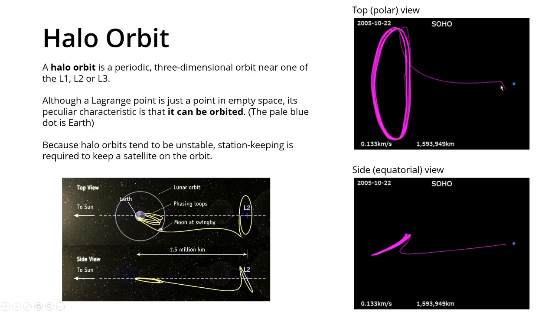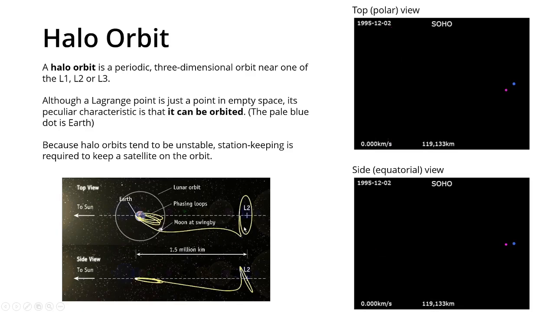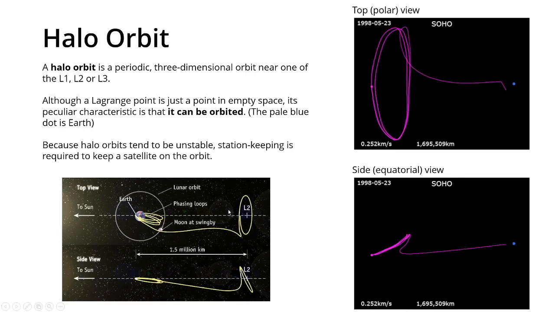We can actually send a spacecraft to that L2 point, and then that spacecraft will orbit that point like this. Send it here, do some kind of interplanetary trajectory, go around this L2 point and orbit it. Top view it looks like that, side view looks like that.